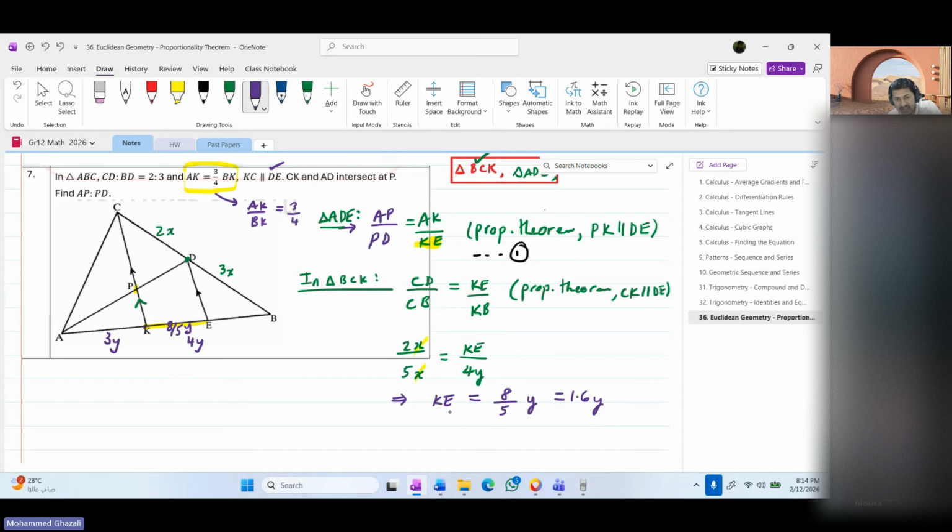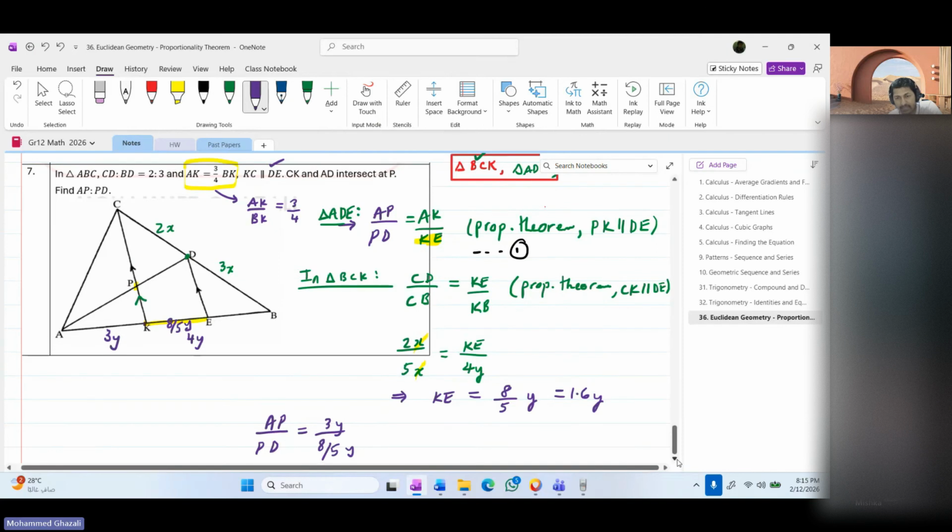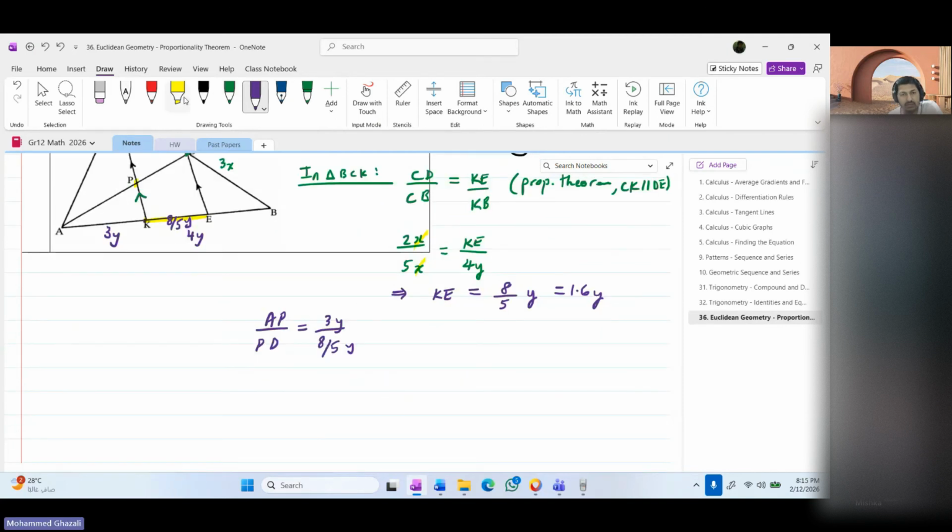Now we're going to take KE and substitute into that top one. So AP over PD is equal to what's AK? AK is 3y. And what is KE? KE was 8 over 5y. Right, so now the y's cancel out.